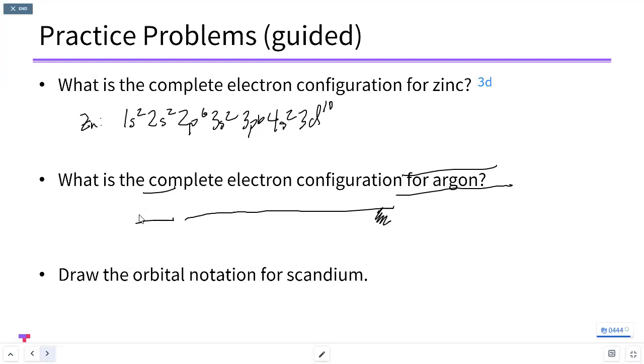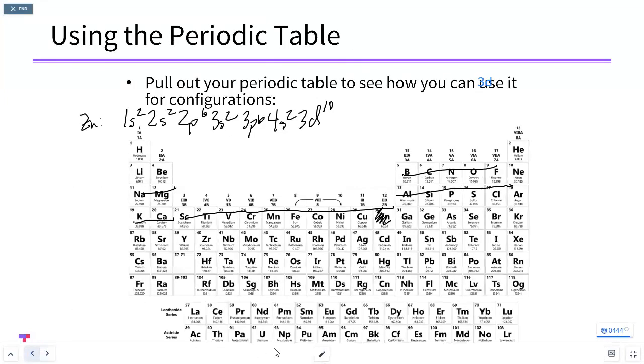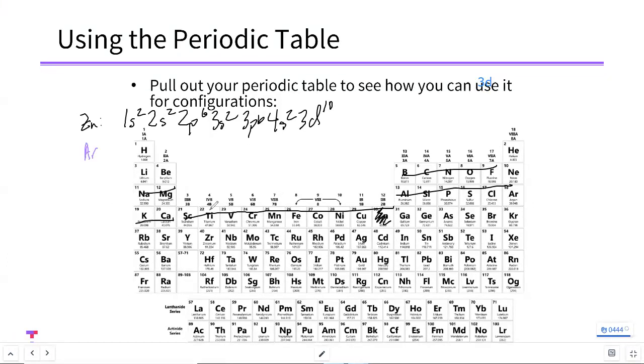All right, the next one, complete configuration for argon. So for argon, again, we start at the top.